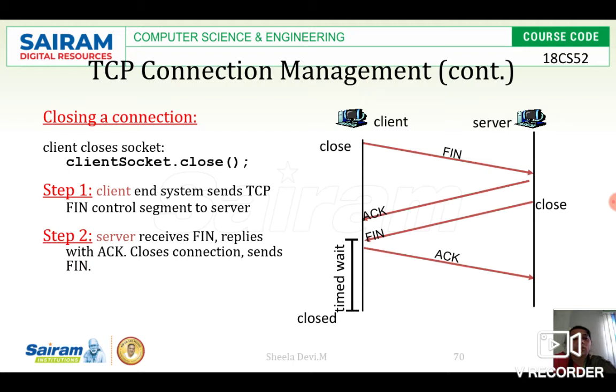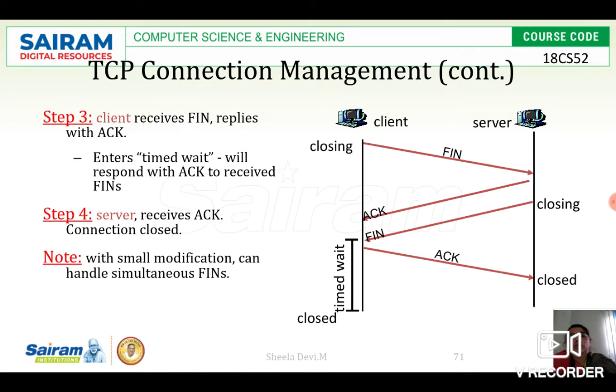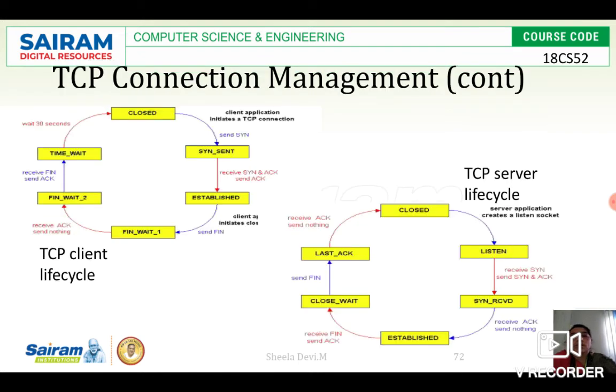If it thinks that all the data is transferred to the client, then it has to send the FIN segment, for which the client will be replying within the timeout period. That is, the acknowledgement will be sent by the client within the timeout period, and after this step the connection will be terminated.